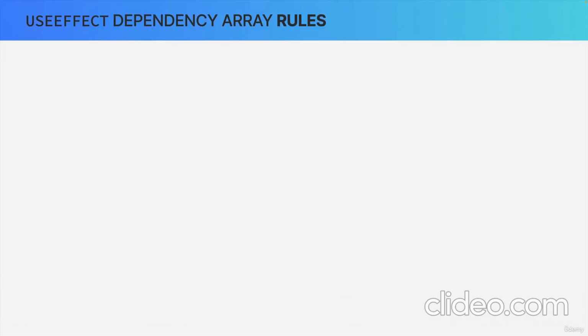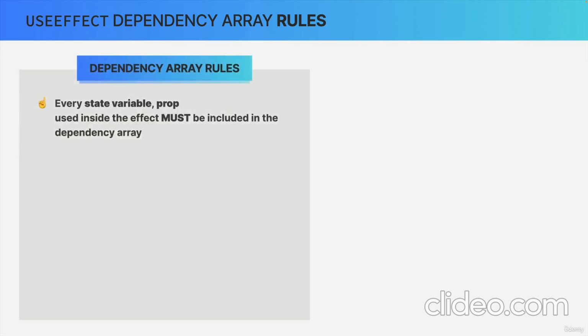The first thing that I want to do here is to focus in great detail on the rules and guidelines for specifying a correct dependency array. Now, the first rule that we learned when we first talked about useEffect was that every single state variable and prop that's being used in the effect must be included in the dependency array.